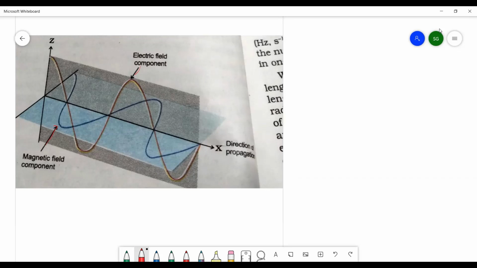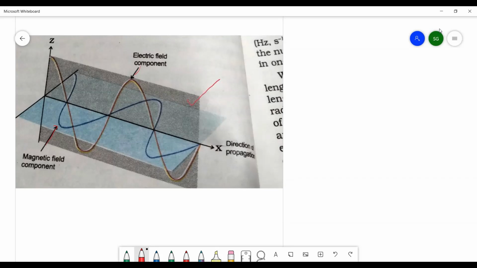For example, radio waves, microwaves, IR radiation, and UV radiation are all electromagnetic radiations. The oscillating electric and magnetic fields produced by oscillating charged particles are perpendicular to each other, and both are perpendicular to the direction of propagation of the wave.